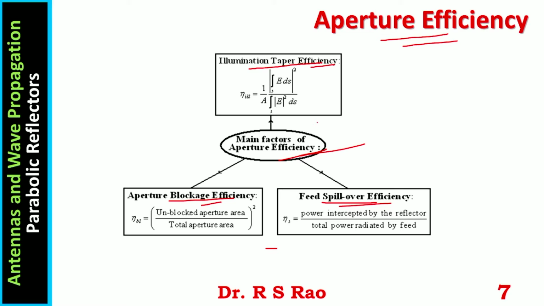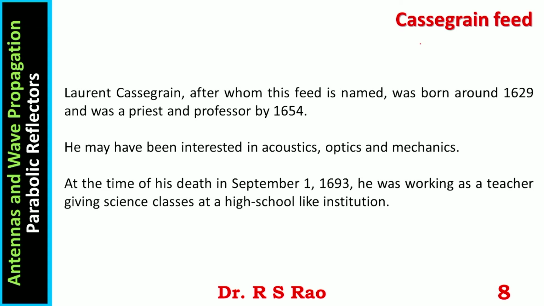Illumination taper efficiency is 1 over A, integral E dot ds whole squared, by integral E squared ds. These three are considered to be the main factors determining aperture efficiency.